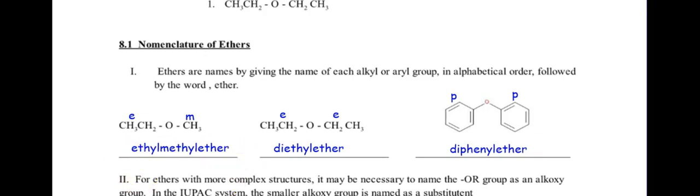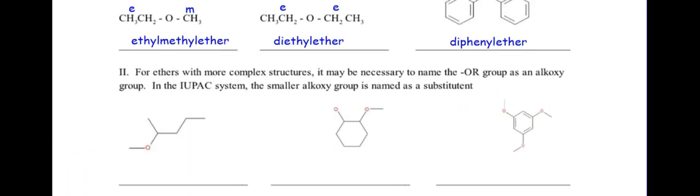Now we have something else coming up. Those are simple structures where the oxygen is bonded, in each of these cases, to the first carbon. It's not on a middle carbon. So we have to do something else if the oxygen is on a middle carbon. For ethers with a more complex structure, it may be necessary to name the group as an alkoxy group.